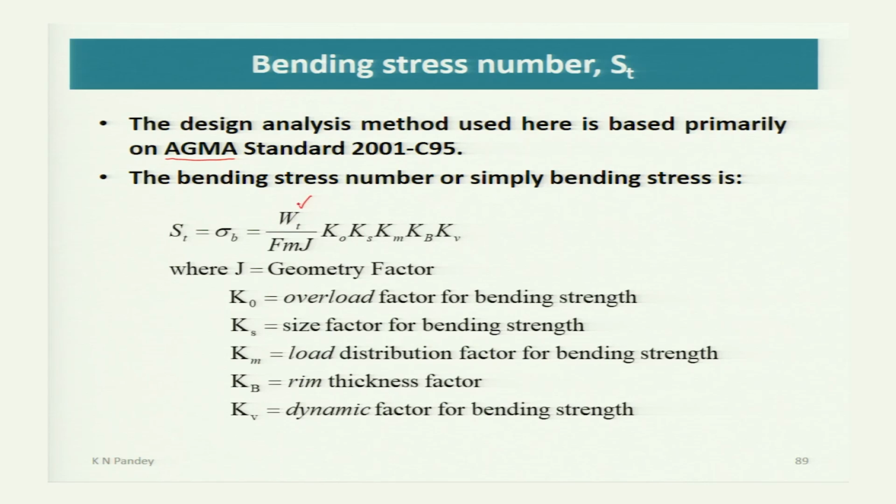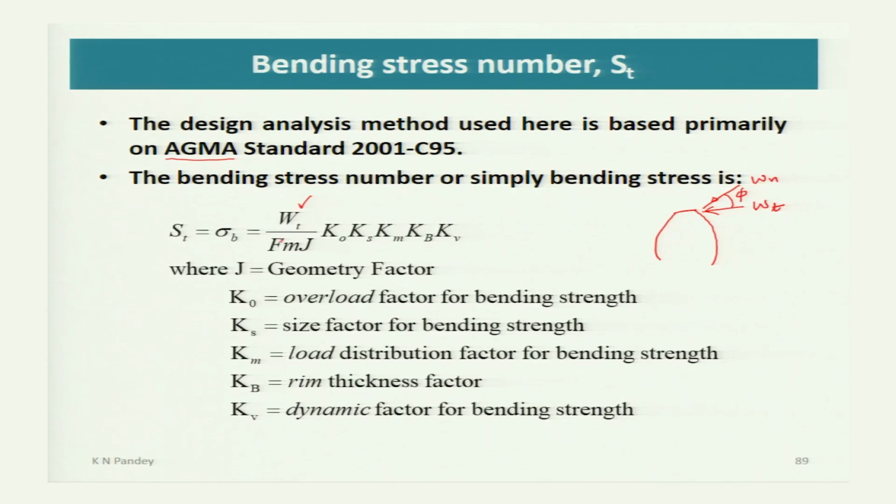the transmitted load Wt, the load which is transmitted by the gear tooth. That means this is the gear, the load to be transmitted is Wt, the normal load is Wn, and the angle between these two is the pressure angle.